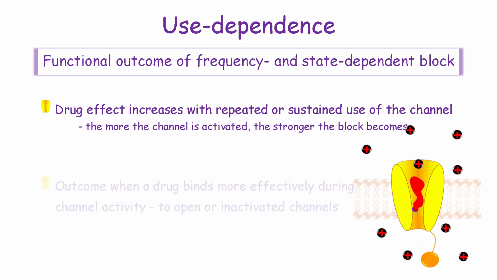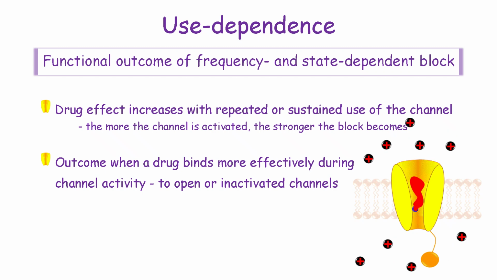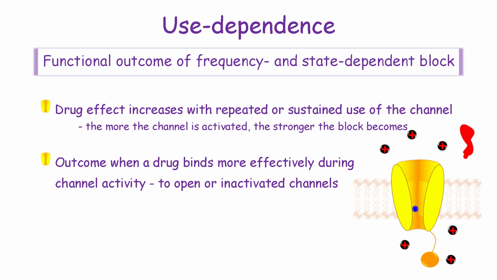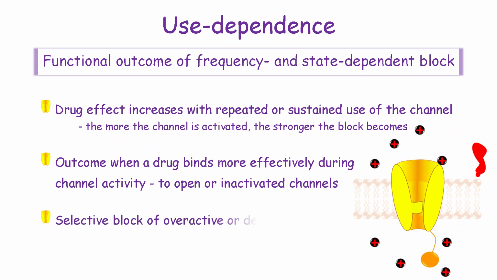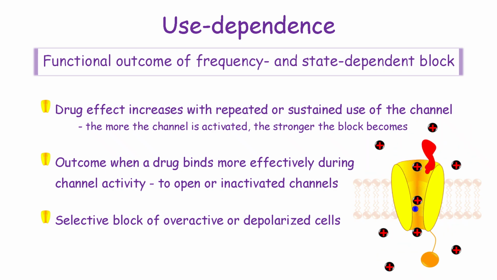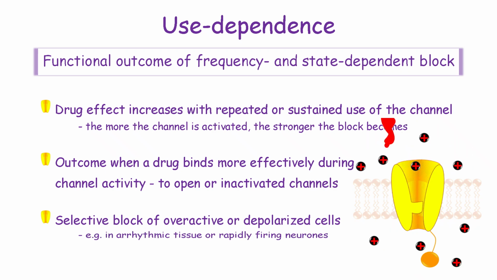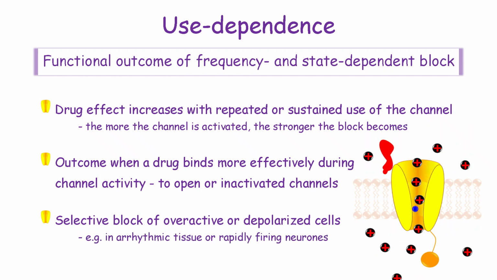This is a key property of drugs that bind preferentially to the open or inactivated states of the channel. From a therapeutic perspective, use dependence explains why certain drugs selectively block overactive or depolarized cells, for example, in ischemic or arrhythmic tissues or in rapidly firing neurons.